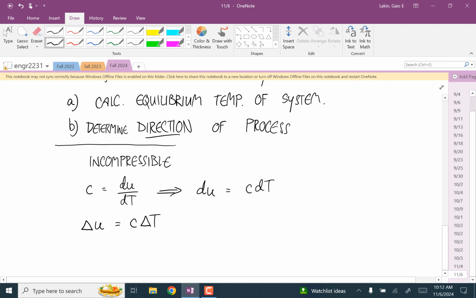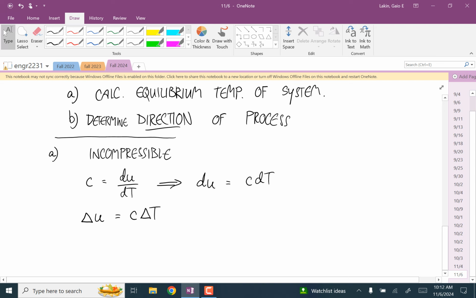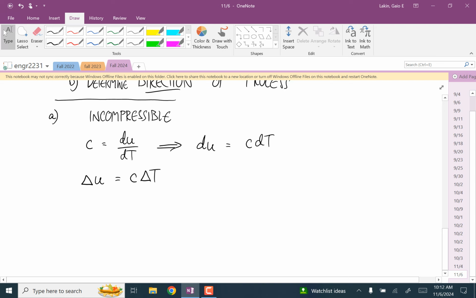And since there's no energy transfer in or out, the first law says that the change in internal energy is equal to Q minus W. These are both 0.